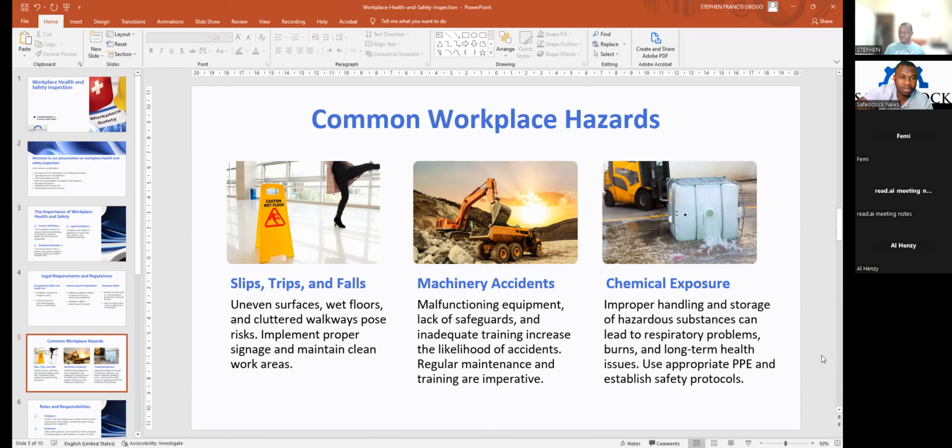So it is very important that when we find ourselves in this industry, we ensure that the appropriate personal protective equipment is established and used appropriately in order to prevent workers' exposure to these chemicals.